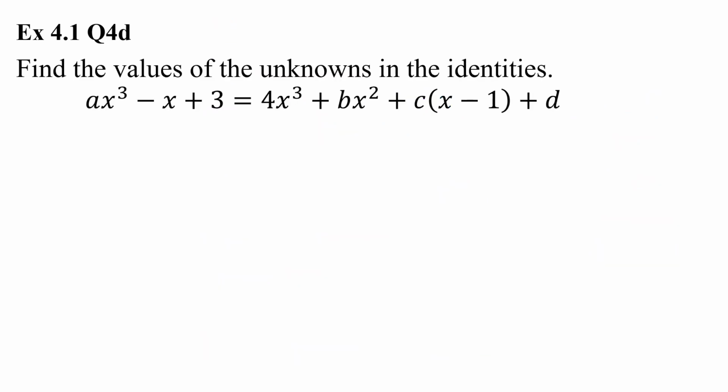All right, let's look at another question. So this question is actually finding the unknowns in the identities. The identity is such that whatever values you substitute for x on the left hand side, the answers that you obtain will be equal to the values you get on the right hand side by substituting, of course, the same values of x.